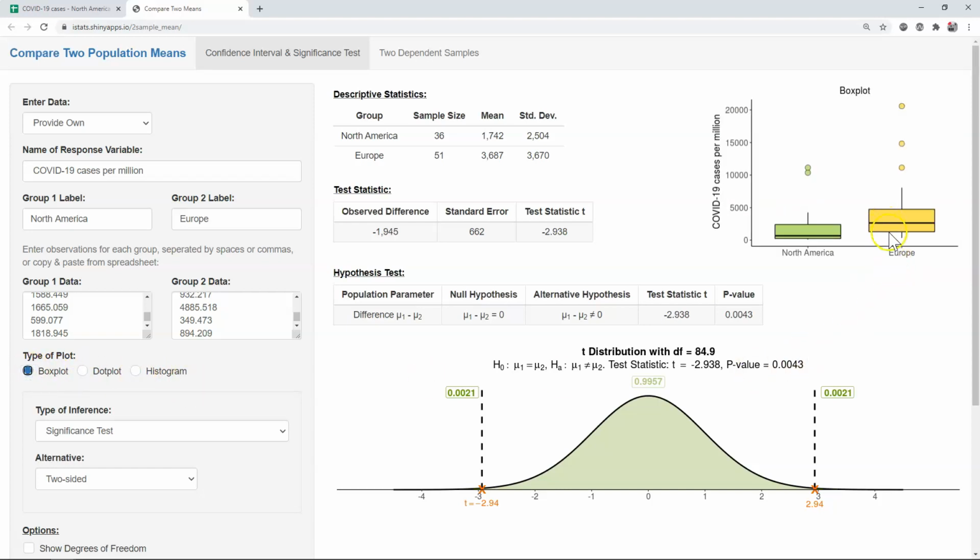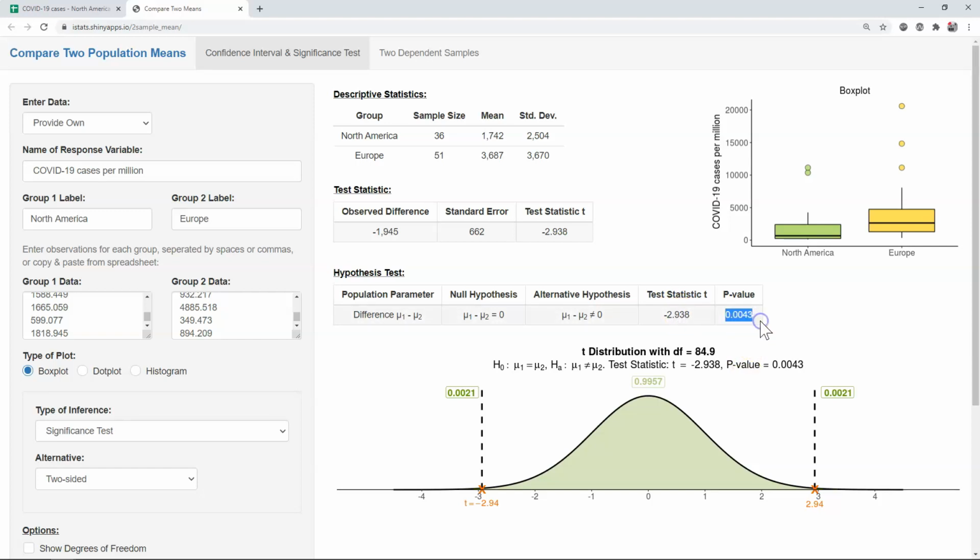And it does, again, still look like it's clearly higher for Europe compared to the North American countries. But what we're going to look at is the results right here in the table, because there are two pieces of information that we need. That test statistic, how far our observations were from what we expected.